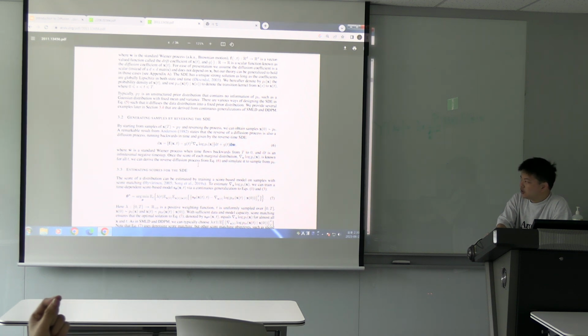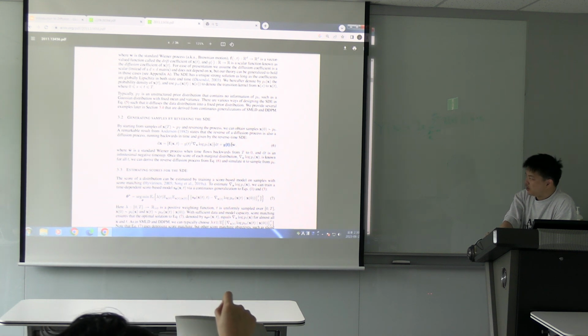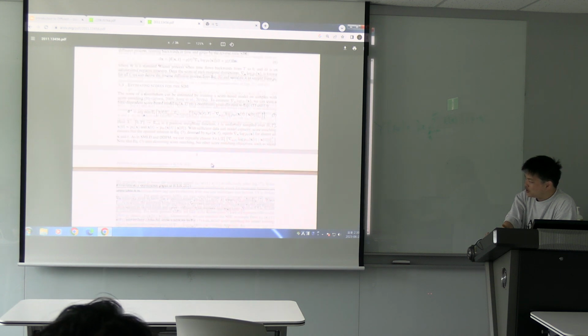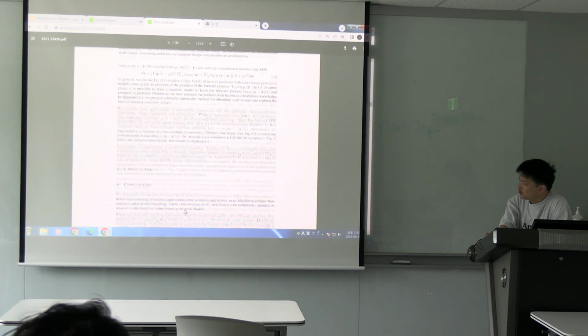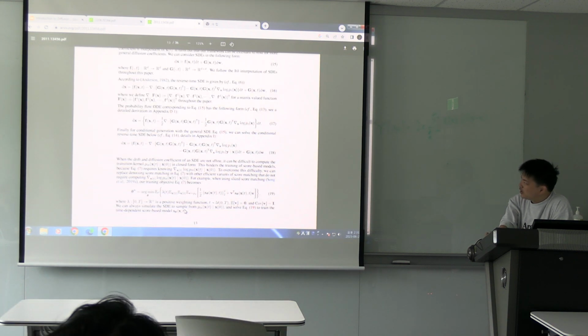You sample from this Gaussian. It's just Gaussian noise, scaled by g(t), at every sampling step going backwards. What is dw again? It's a normal distribution.